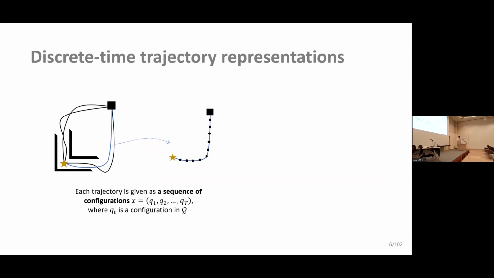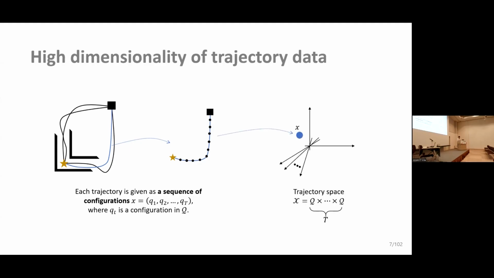All right, let's start with the simplest setting and assume that each demonstration trajectory is given as a sequence of configurations. The trajectory here is denoted by X, and each configuration is denoted by Q. We want to treat this data geometrically, and for geometric treatment, we are always interested in the space of data. So we need to consider in which space these trajectory data live.